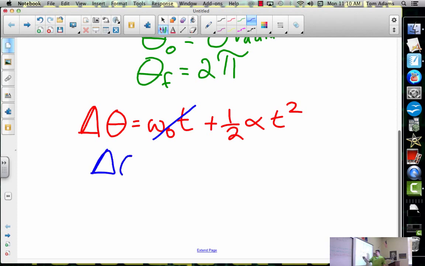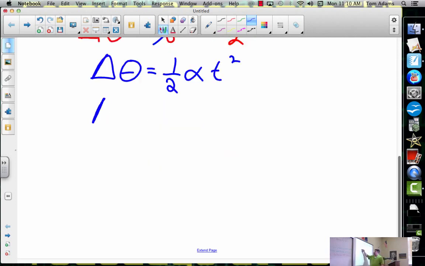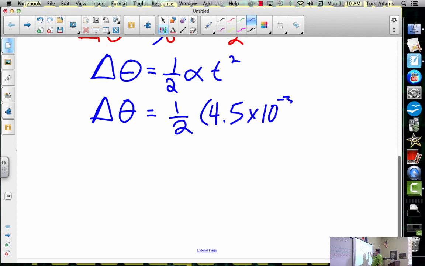So now my equation is delta theta, because that's 0, everything's 0, is 1/2 times the angular acceleration times t squared. Do we know the angular acceleration? Yeah. 4.5 times 10 to the negative 3 radians per second squared, right?